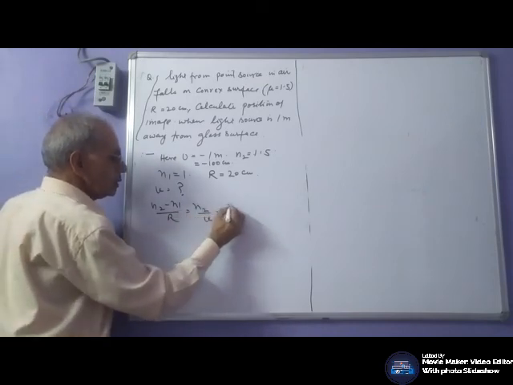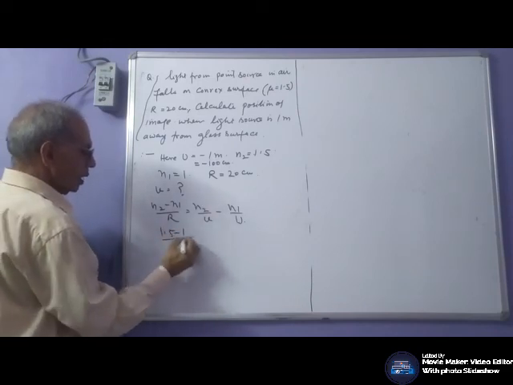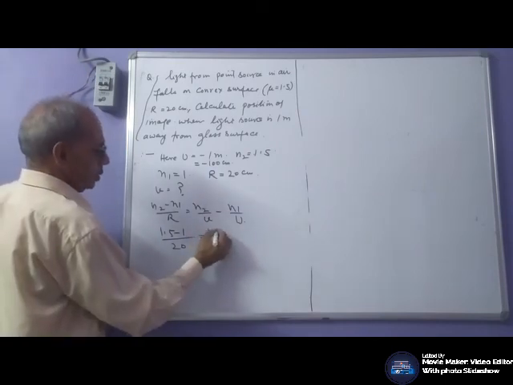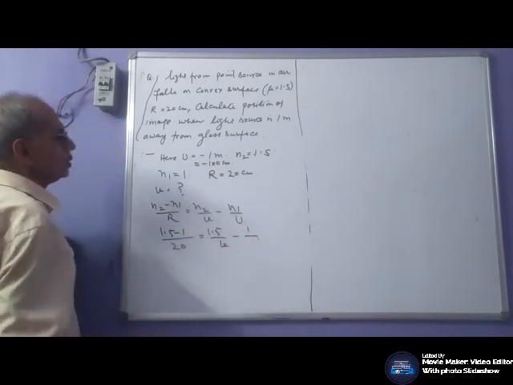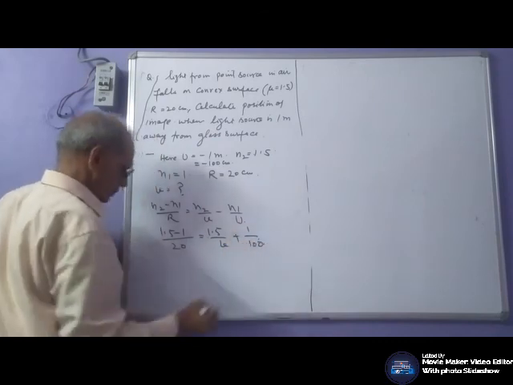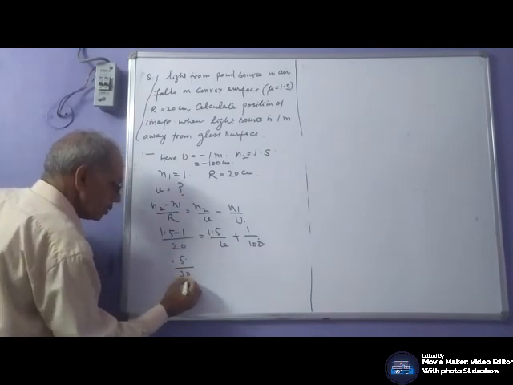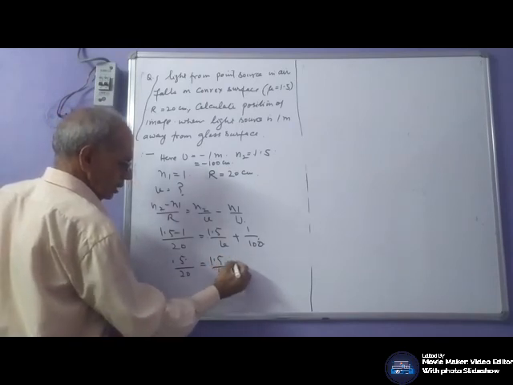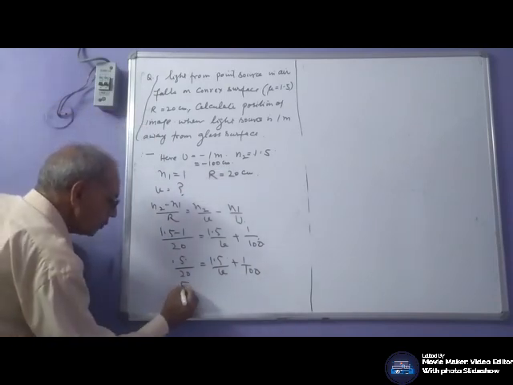R is 20, N2 will be N1 by U, minus 100, so plus 100. 0.5 by 20 equals 1.5 by V plus 1 by 100, it is 5 by 200.